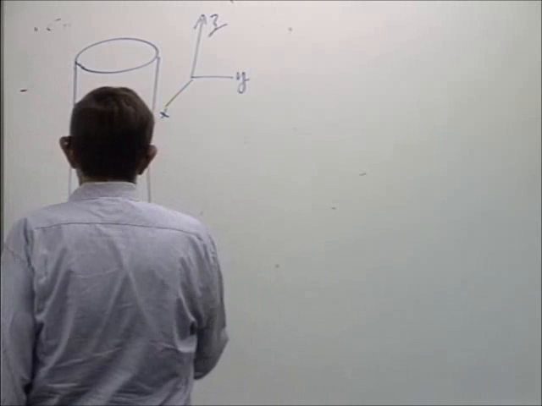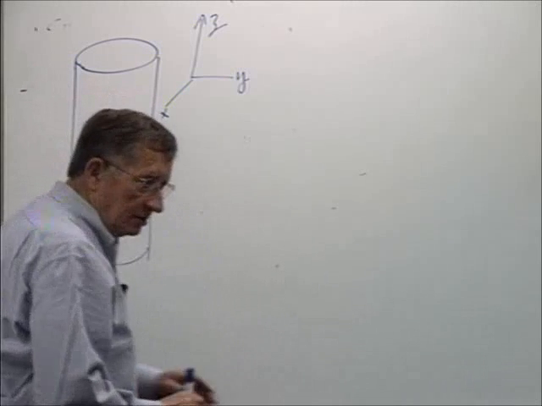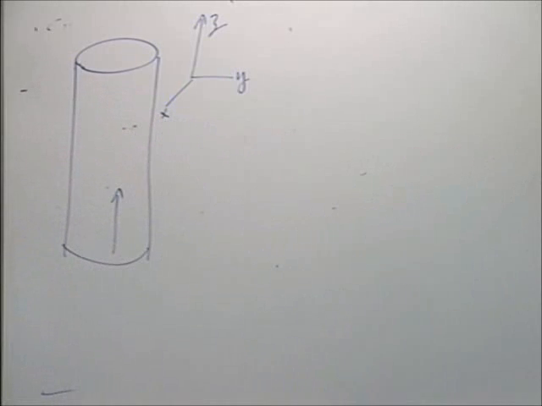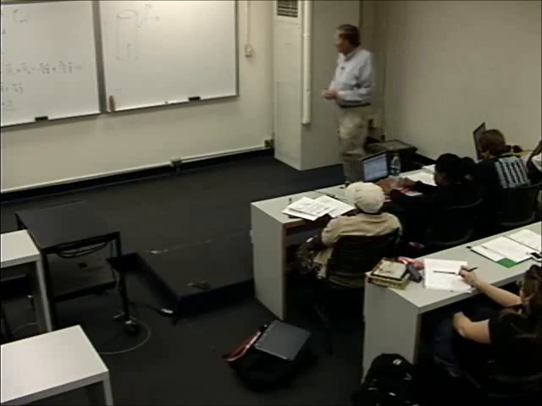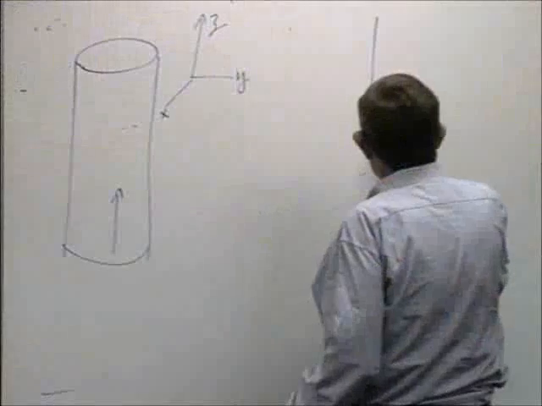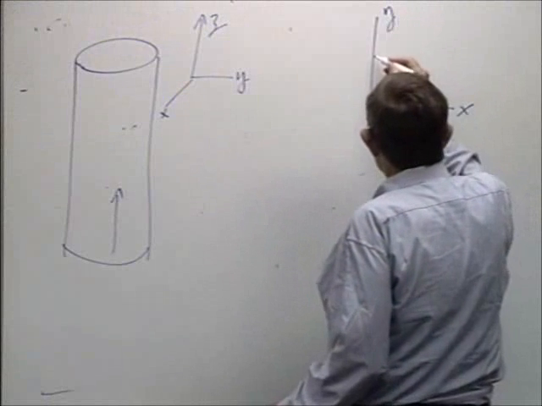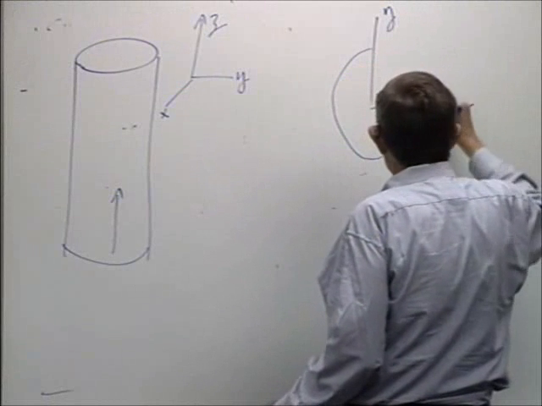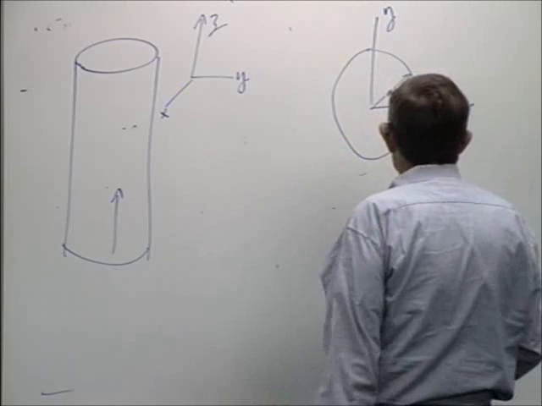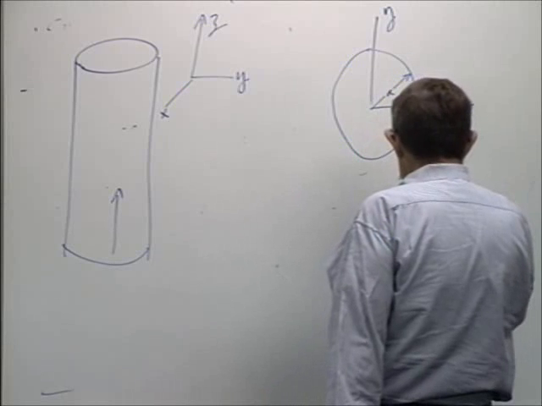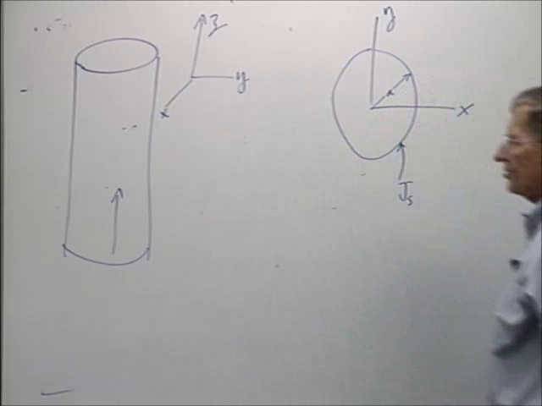If we were to look at the current, how do we know which way to do the integration loop to apply Ampere's law to get the whole field? Well, we put our thumb exactly along the line of current. That's the z direction. So in the xy plane, if we do an xy plane cut, let's say it's some radius a, and this is JS as a surface current density.